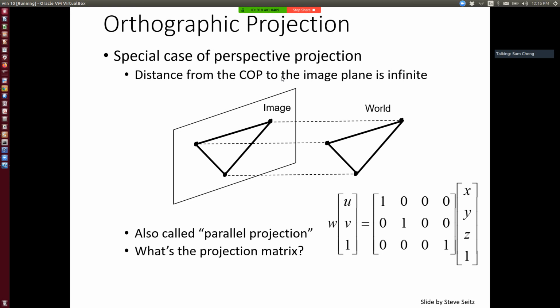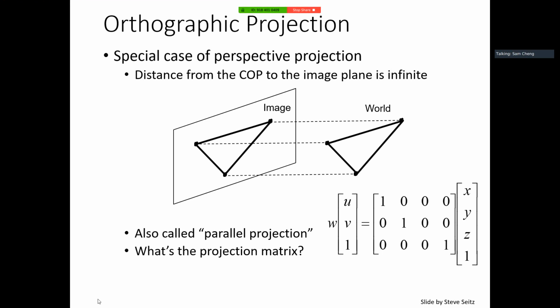Let me get my pen here. Earlier you remember for this perspective projection we have 0 here, and 1 over d here.